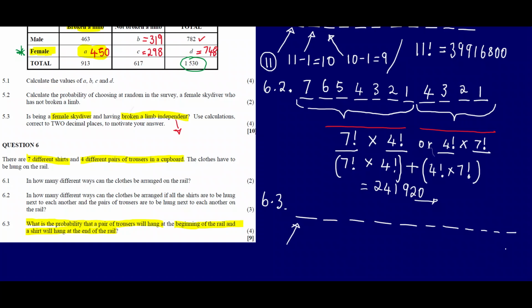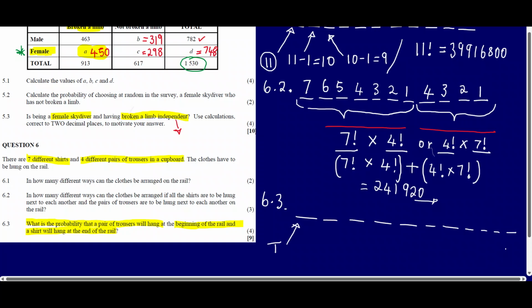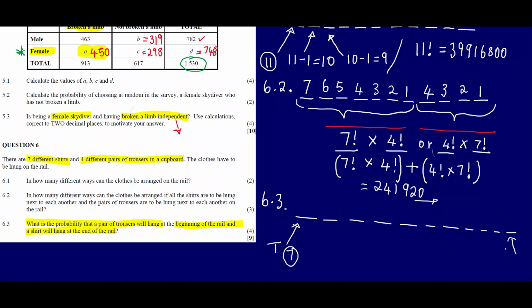So taking a look at this, it's specific. It's saying that on the first one over here, we must have the trouser, right? So I think we've got like 7 trousers, if I'm not mistaken.